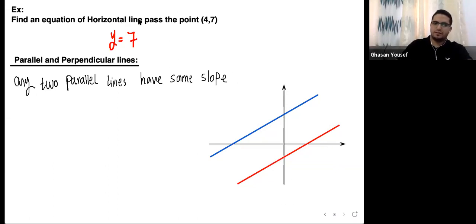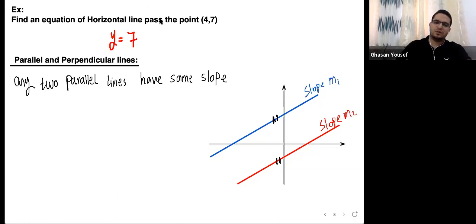So here, this and this are parallel lines. We have to know that parallel lines have the same slope. Suppose the blue one has slope m1, and the red one has slope m2.